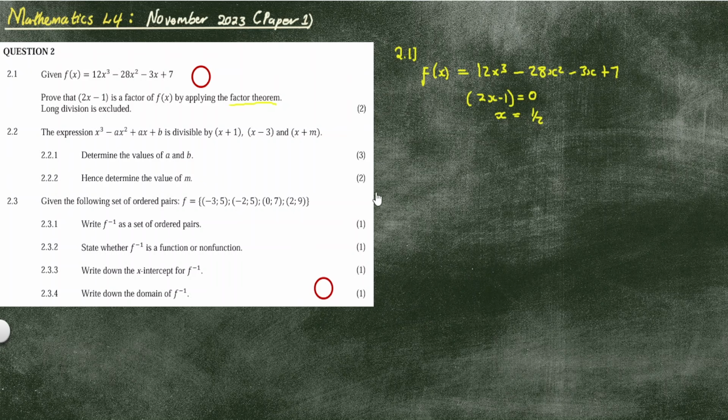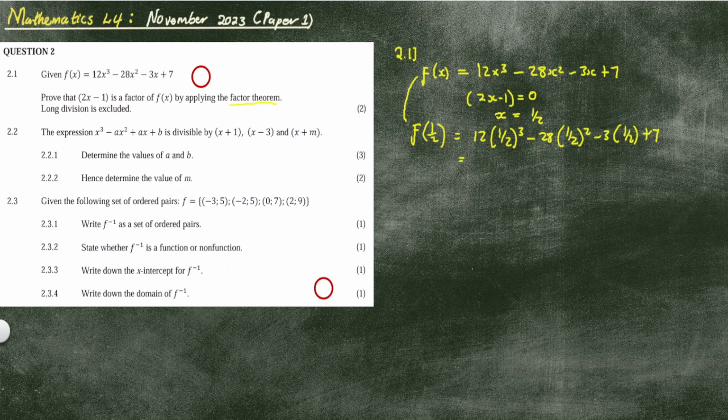Okay, so let's go ahead and calculate. We go back to the f function and substitute x, which is 1 over 2. Where there's x, I'm going to substitute a half: 12 times a half cubed, minus 28 times a half squared, minus 3 times a half, plus 7. Then you punch it in on the calculator.